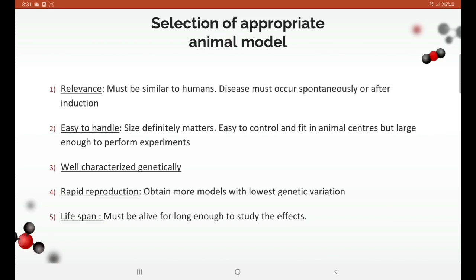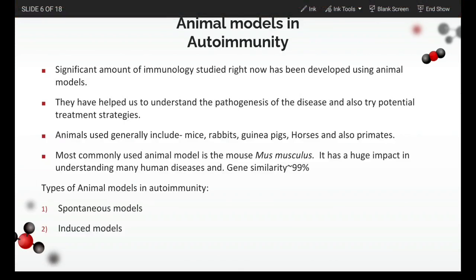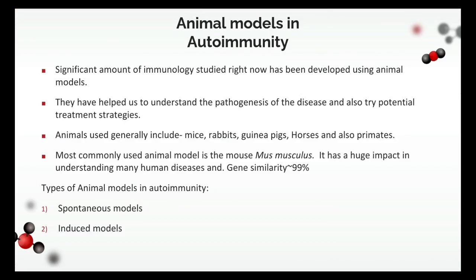We have talked in general about all the animal models. We will now focus on models especially used in autoimmunity. A significant amount of the immunological knowledge we possess right now has been developed using various animal models. They have given us an approximate idea about how a particular disease is caused and what countermeasures can be applied to curb that disease.